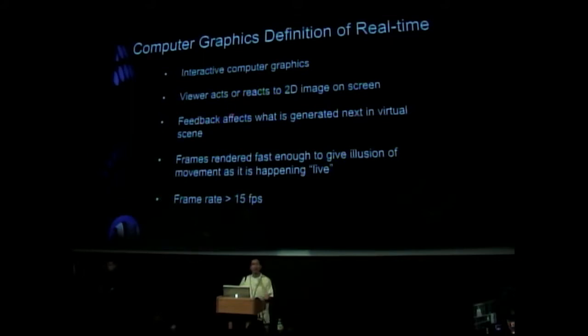This feedback affects what the software does and what is generated, and then you change the scene, and this happens over and over for every frame. For this interaction to appear live, meaning so-called real time, you need a frame rate of at least 15 frames per second.